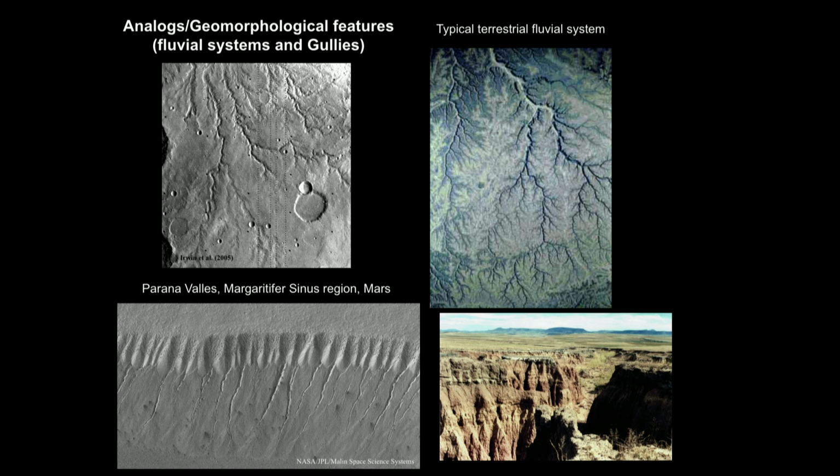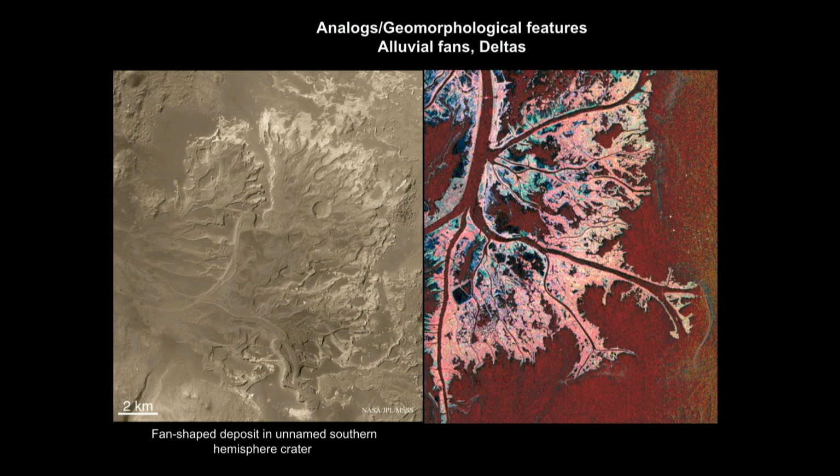Or for example, here at the border of a crater, or here in some sharp places in our planet, we can have, I don't know if you can see here the structure. This is like an alluvial fan or a delta. It's very well defined on Mars, and this is the typical terrestrial example.